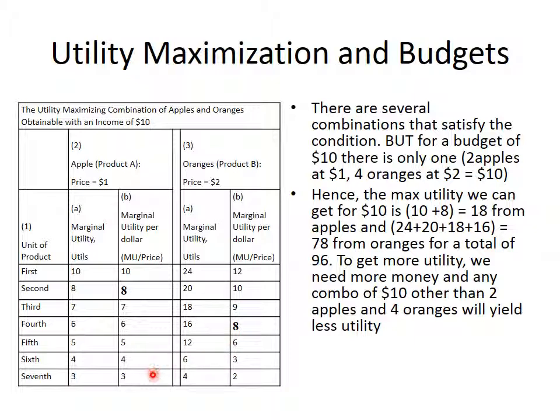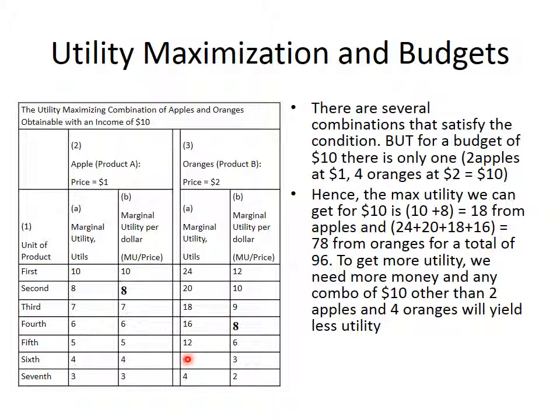We have another combination down here where we have 7 apples, with that 7th apple going to get us 3 units of additional utility. Divided by $1 gives us 3 units of marginal utility, and 6 oranges. Now that would give us a marginal utility.